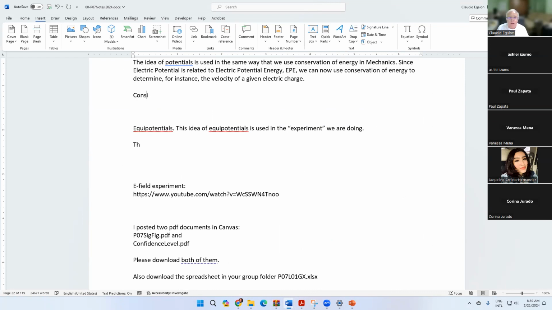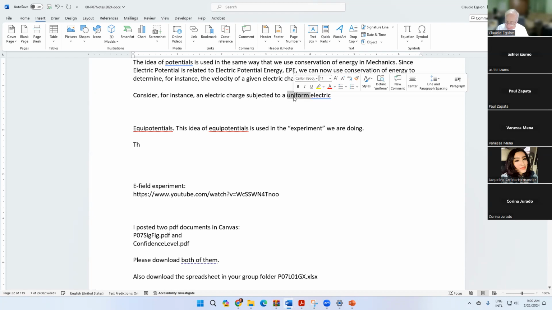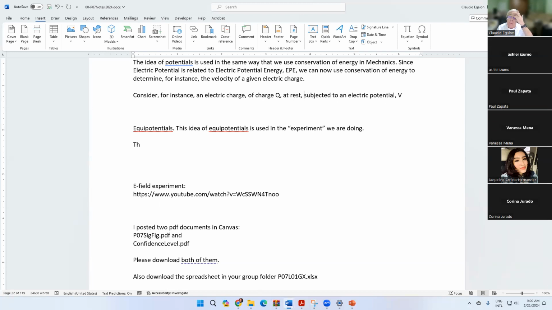Okay, so consider, for instance, an electric charge subjected, not to a uniform electric field, but subjected to an electric potential V. An electric charge of charge Q at rest, subjected to an electric potential V.